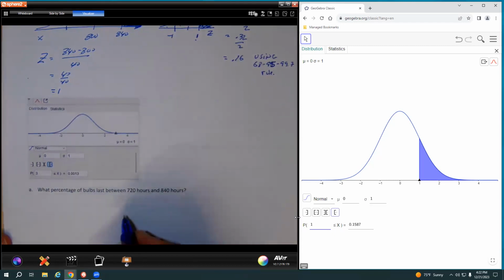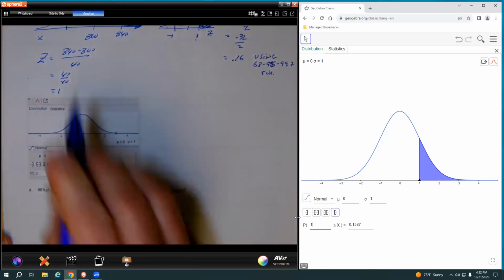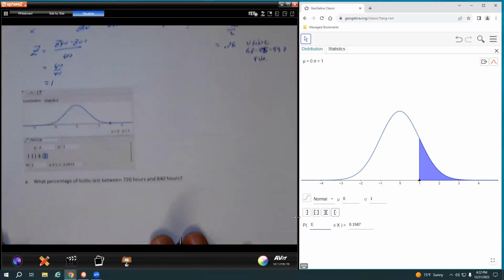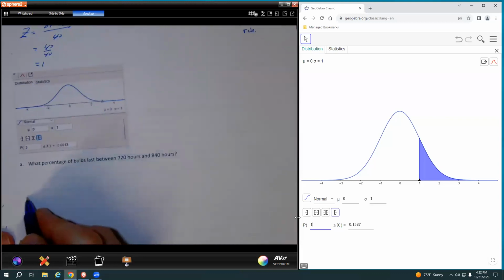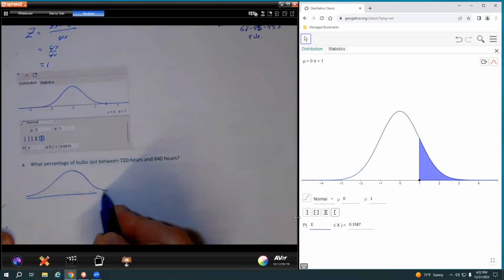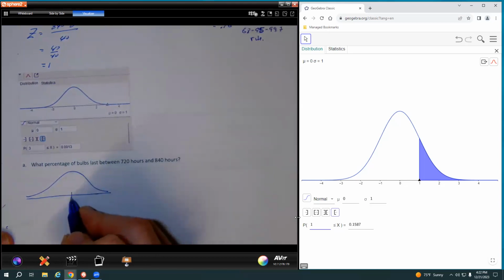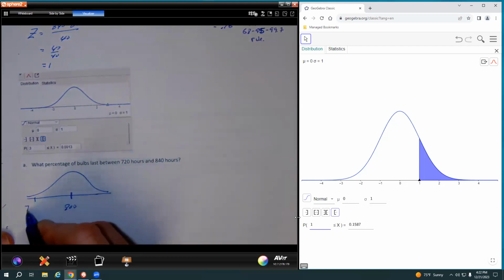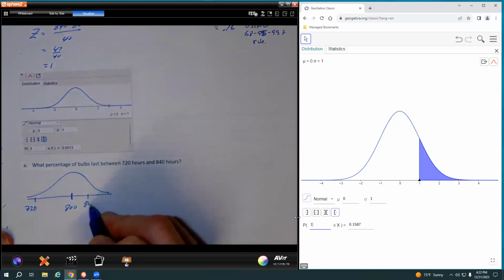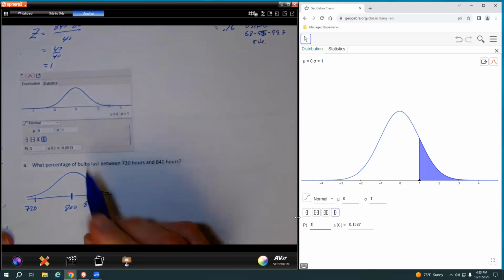Okay, so now, again, I have my information above here. It's out of camera, but I'm not going to rewrite it because it's just sitting all above there. Normally I would write it, but this time I'm not going to. But I am going to draw my picture. Okay, and again, I have to mark my center, 800, and now 720, I know it seems far away, so I'm going to draw over here, and 840, I know that was just 1 standard deviation, because we just did that one.